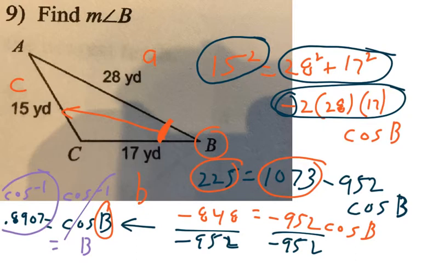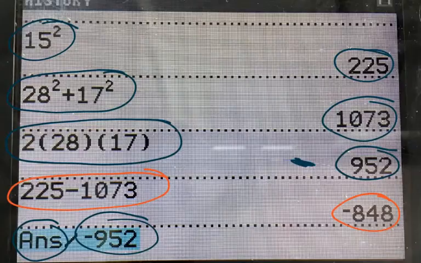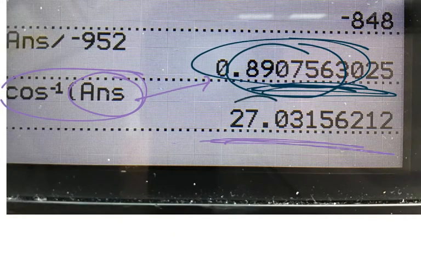So I just figured out, guys, that that angle B right there is basically 27 degrees. Hopefully you can see that okay. 27 degrees, okay? And let's just double check if that agrees with the calculator. Yes, we got 27.03. I just rounded off to the nearest degree.